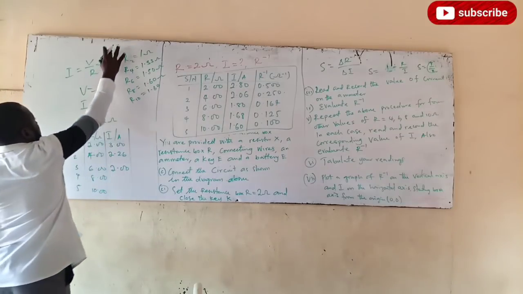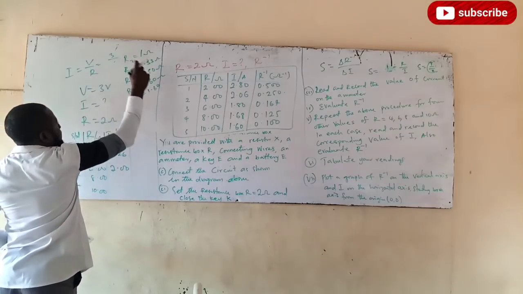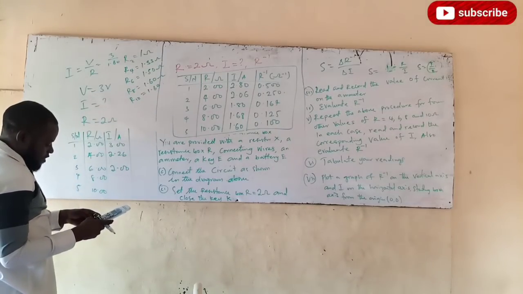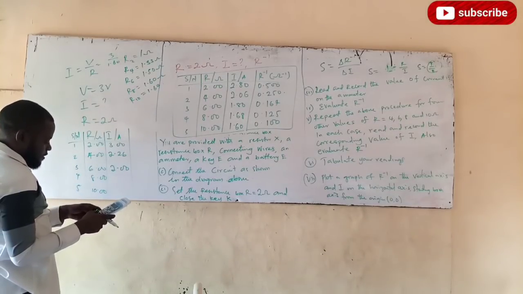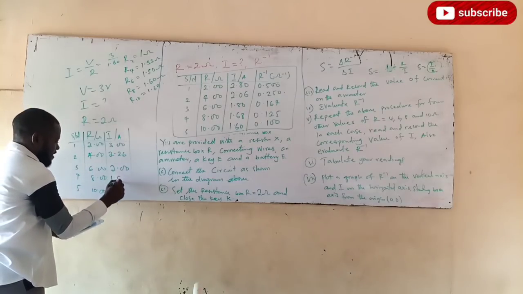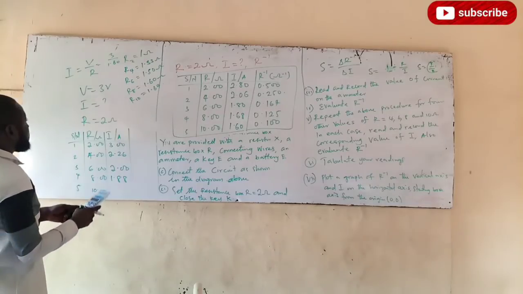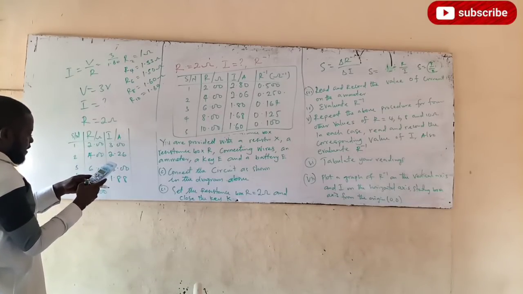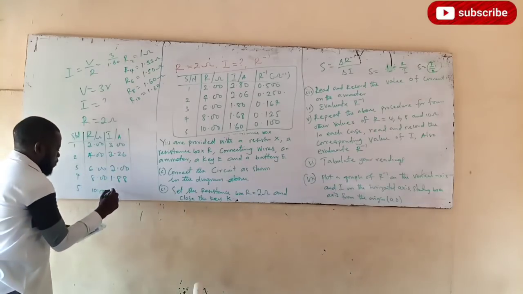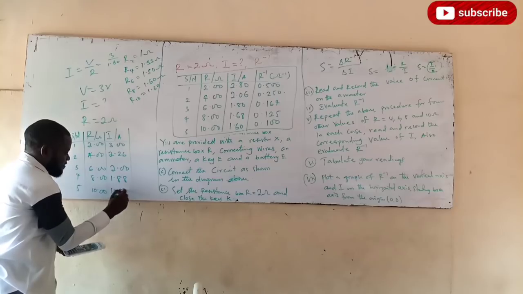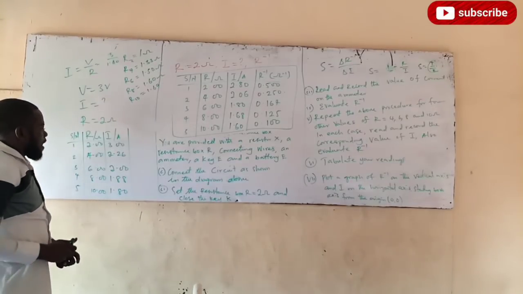And the next one is 3 divided by 1.60. We have 1.88. Then the last one is 3 divided by 1.67. Our result is 1.80. Are you seeing this now?